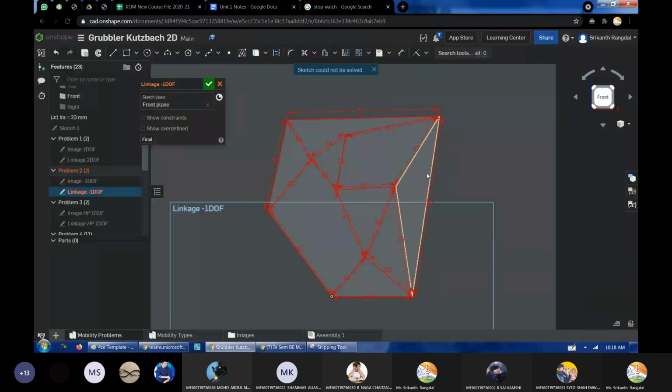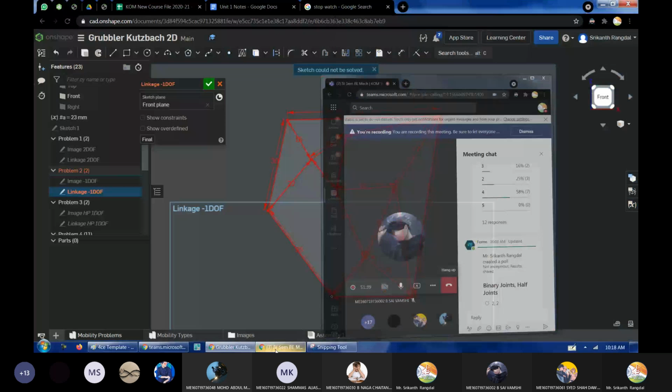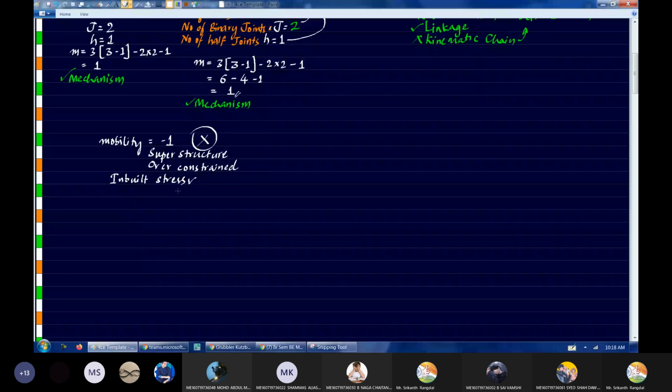So there is always this danger of mechanisms failing if we use superstructures in our design. That is why we should always try to avoid superstructures. Is this clear?